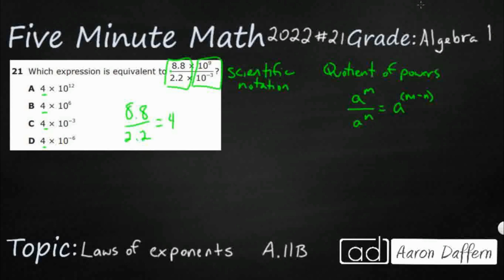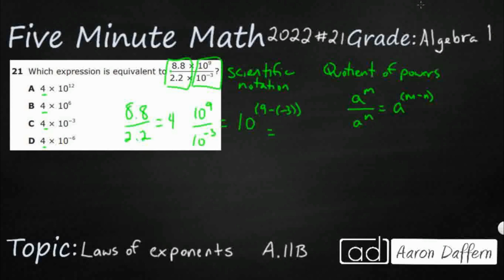But what about this 10 to the 9th over 10 to the negative 3? Well, if I take my quotient of powers, that's going to be that base 10, right? And then that's going to be 9 minus, because remember you have to end up subtracting those two, 9 minus negative 3.